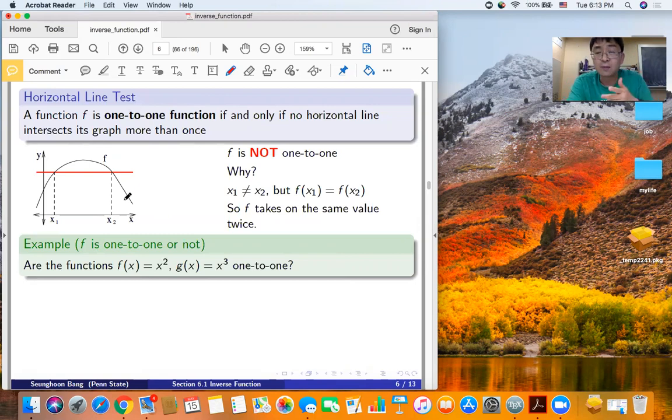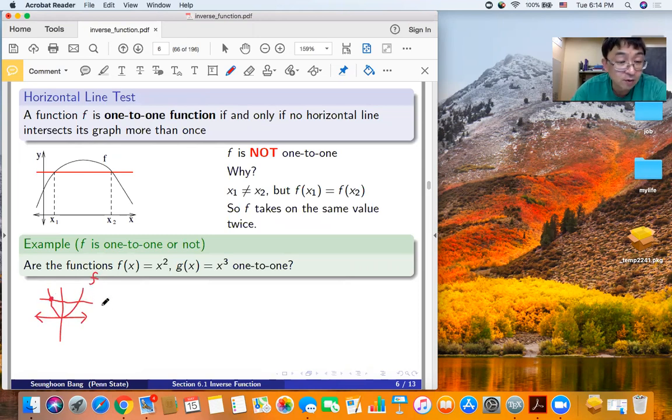Let me see how we can solve this problem. I will draw the graph. The graph of f of x equals x squared is a parabola, like this. I can draw a horizontal line.